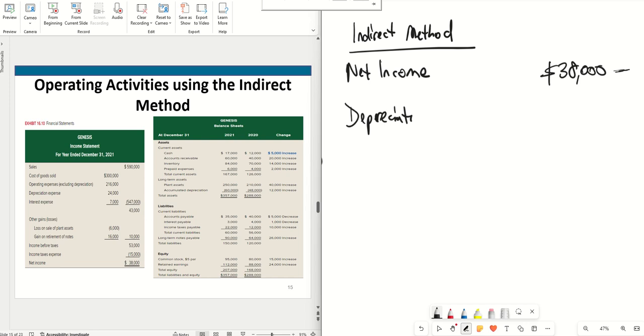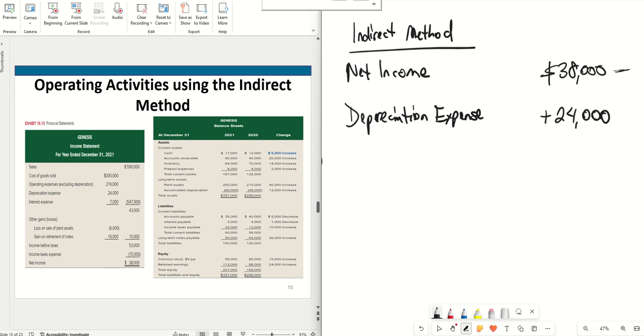Depreciation expense, and it's going to be for $24,000. So we're going to add 24,000 to net income, because this is a non-cash item. The reason it's non-cash is because when you acquire a long-term tangible asset, it will have wear and tear, which is reflected by recording depreciation for it.